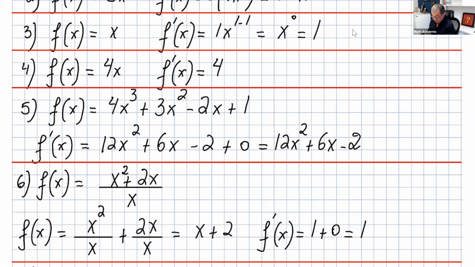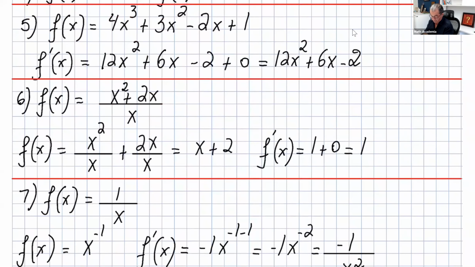Now, if you're dividing a binomial polynomial by a monomial, don't forget the denominator. If the denominator is a monomial, that means only one term. So if you want to find the derivative of f of x, first divide it, so separate them. That's x squared over x plus 2x over x.